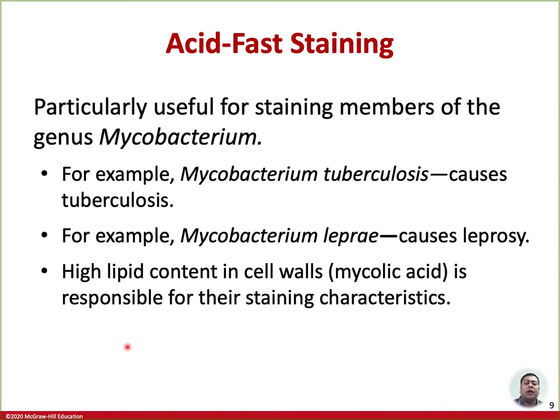After staining, we wash the cells, which are now colored by the carbol fuchsin, a raspberry red in color. We wash them with the acid alcohol, and the acid-fast cells, which are the Mycobacterium genus, will keep the stain and will not be decolorized. If there are any other types of bacteria which don't have any mycolic acid in their cell wall, the dye will wash off with the acid alcohol decolorizer.